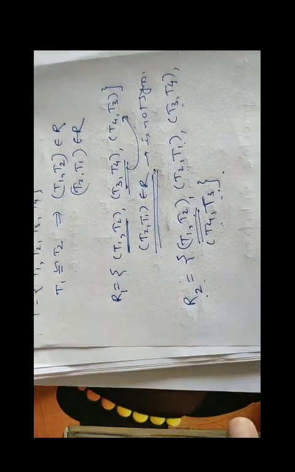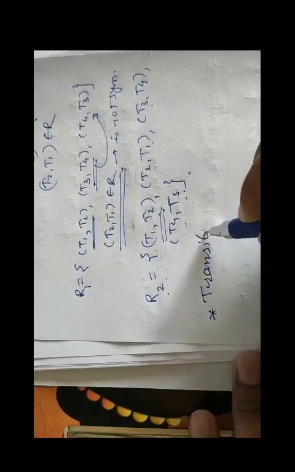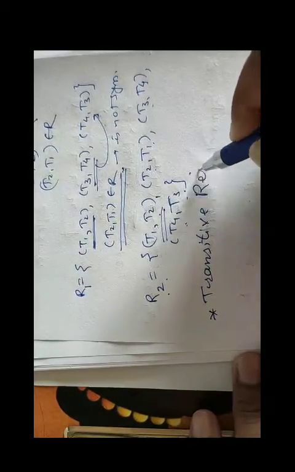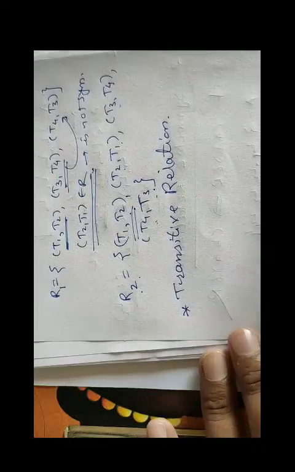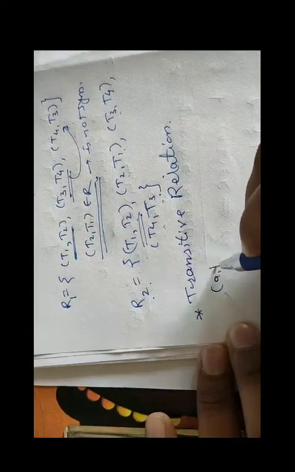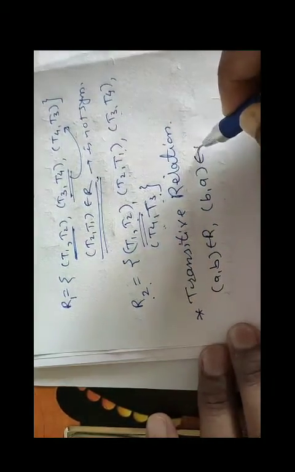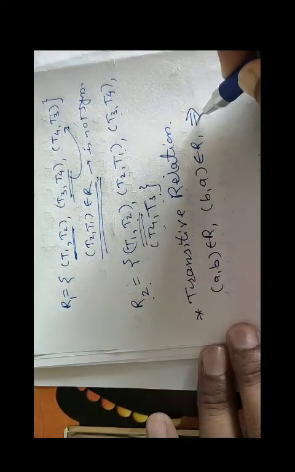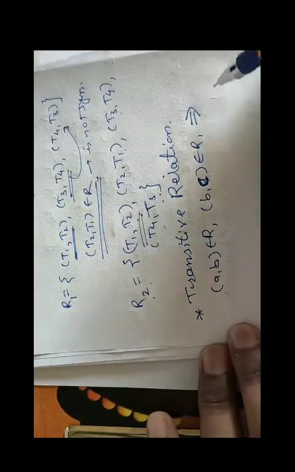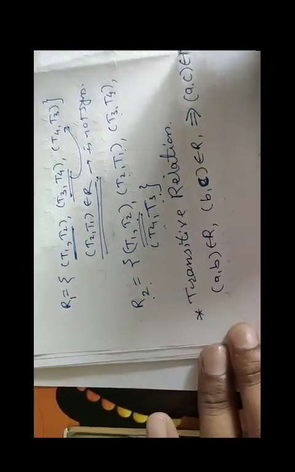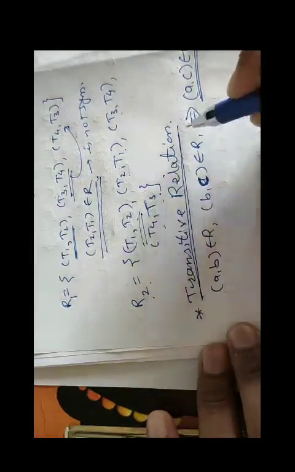Now the next relation is transitive relation. In transitive relation, if (A, B) is an ordered pair belonging to the relation R, and (B, C) is an ordered pair belonging to relation R, then (A, C) must belong to R. It is necessary, and such a type of relation is called the transitive relation.